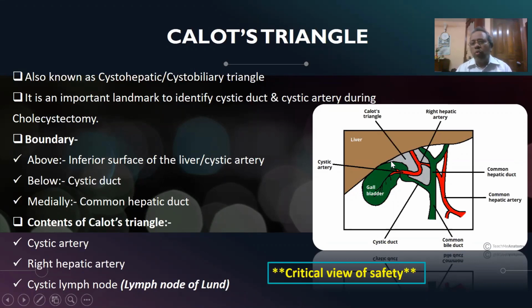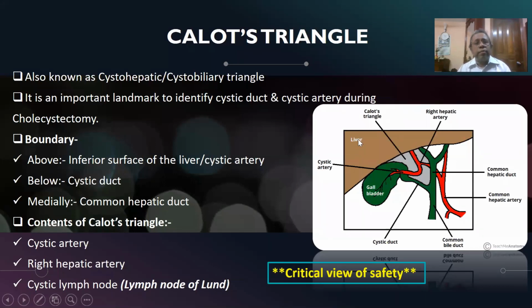Everybody must know the anatomical location of Calot's triangle, how you can identify it, and what the contents of the triangle are. It is also known as the cystohepatic or cystobiliary triangle, or the hepatocystic triangle.